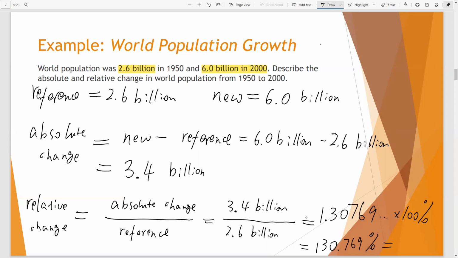For this decimal rounding, well, it's up to you, right? If you want to put 131% or round to one digit, 130.8%, both are all right, okay? All right, so that's this one, relative and absolute change.